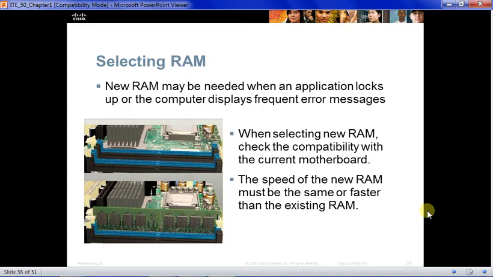So you're going to need to make sure of the RAM compatibility. What kind of RAM does a motherboard take? What is the speed of the RAM? If it's an older computer, this RAM could be expensive. In some cases, it will point you towards doing a whole computer upgrade.